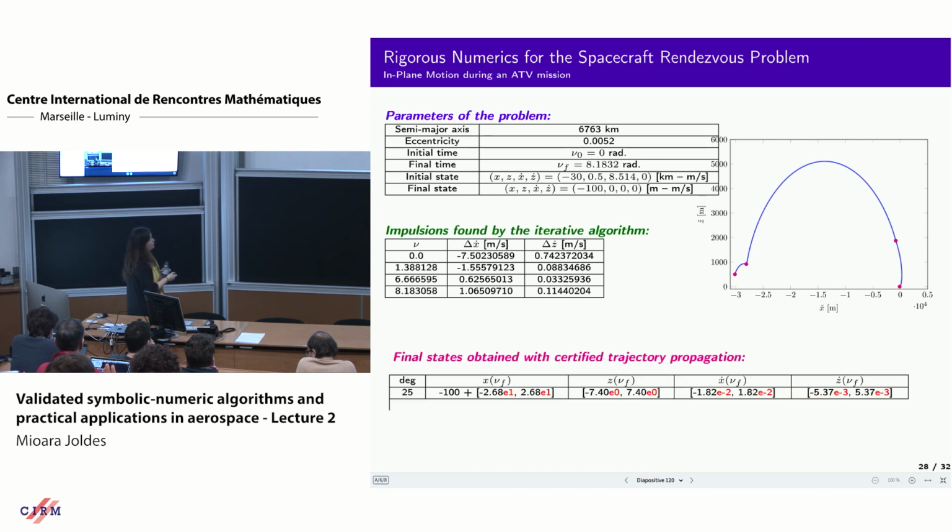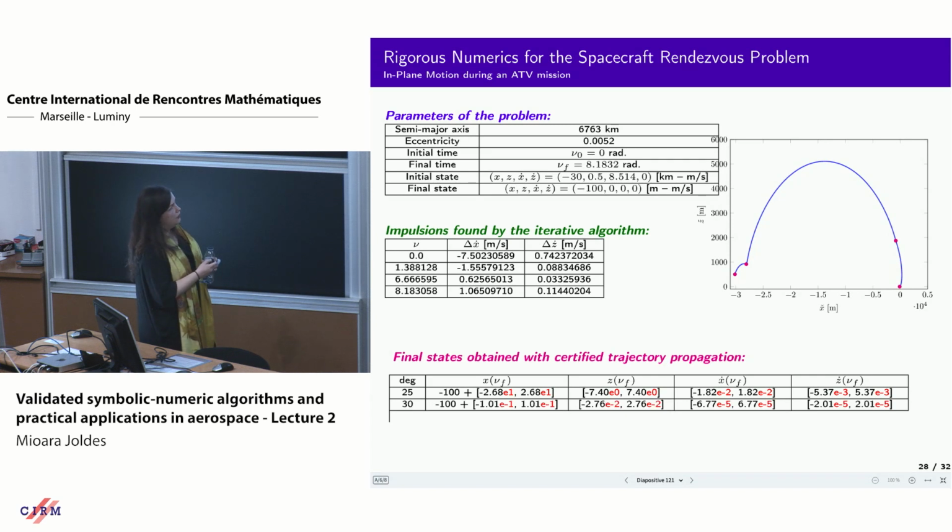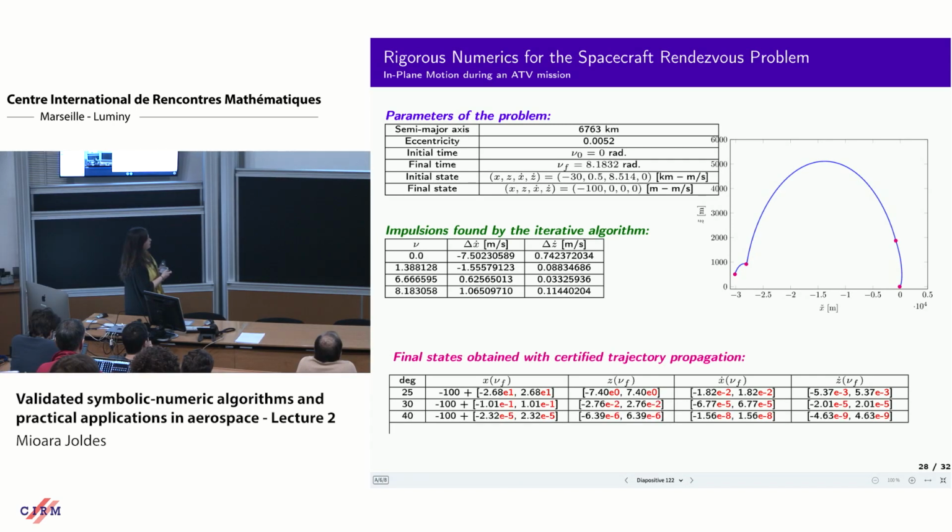If we apply this machinery, we want to certify that we land in the end where we want. These are the bounds that we obtain for different degrees of Chebyshev series. Here you see the accuracy is not very good, but as we increase the degree, we obtain closer and closer enclosures.